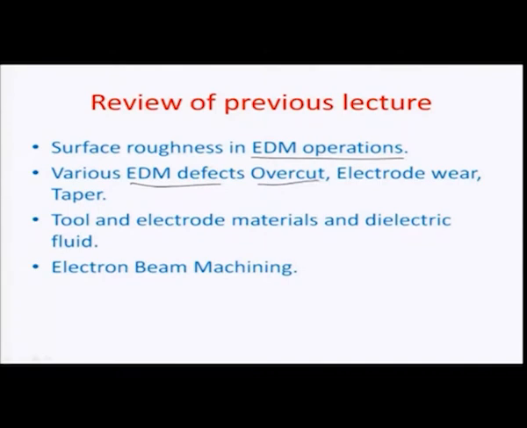We also talked about tool and electrode material and dielectric fluid, particularly the tool material should be chosen in a manner so that the wear is minimum, and dielectric fluid which is circulated in the space between the tool electrode and the workpiece should typically have a high breakdown constant.